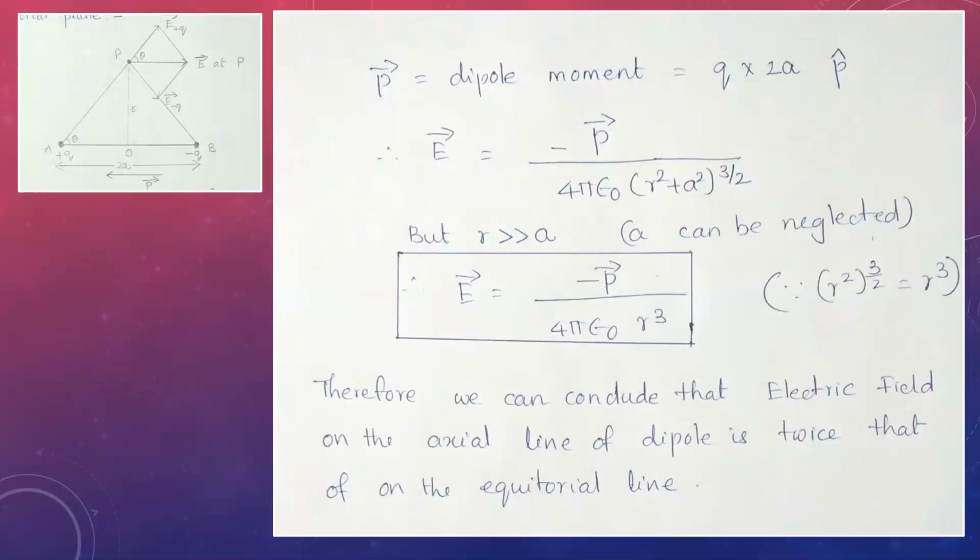The conclusion is the electric field on the axial line of a dipole is twice that on the equatorial line. So the conclusion is the electric field at a point on the axial line of a dipole is double that of the equatorial line.